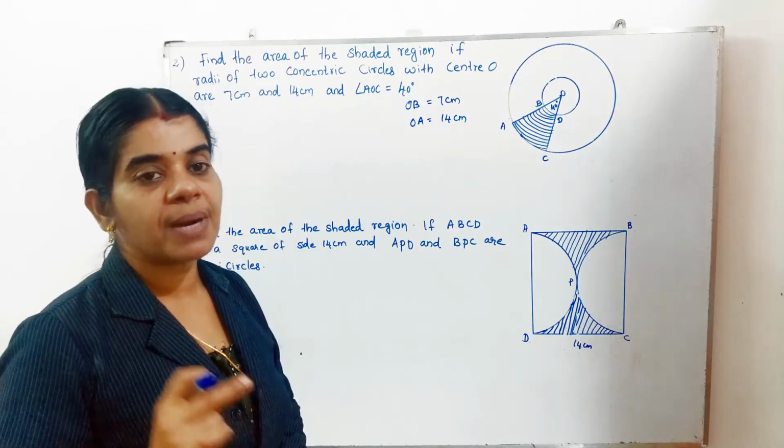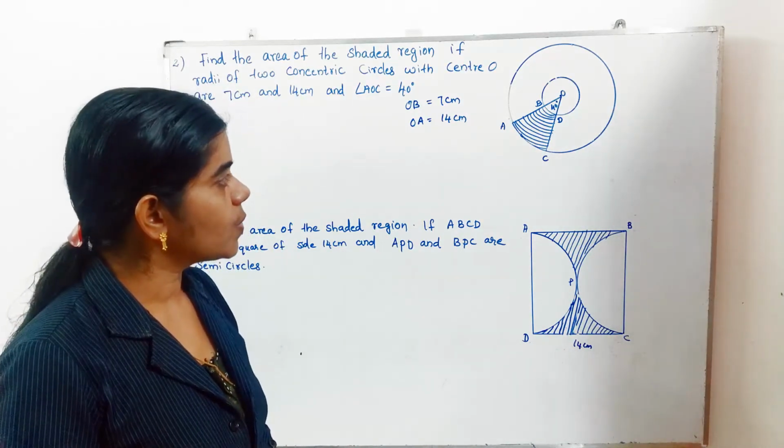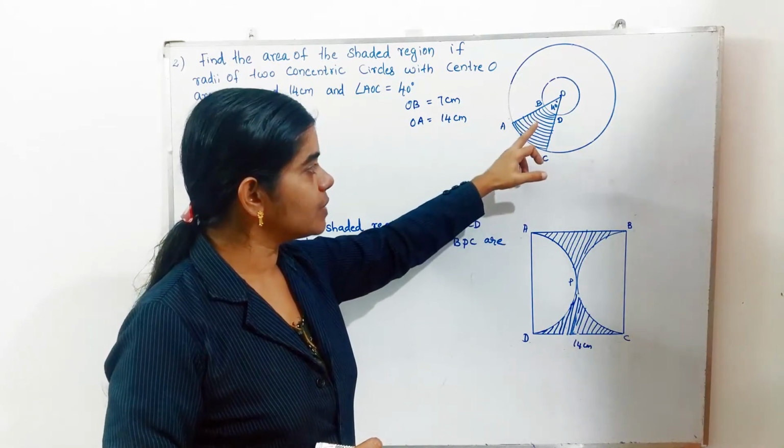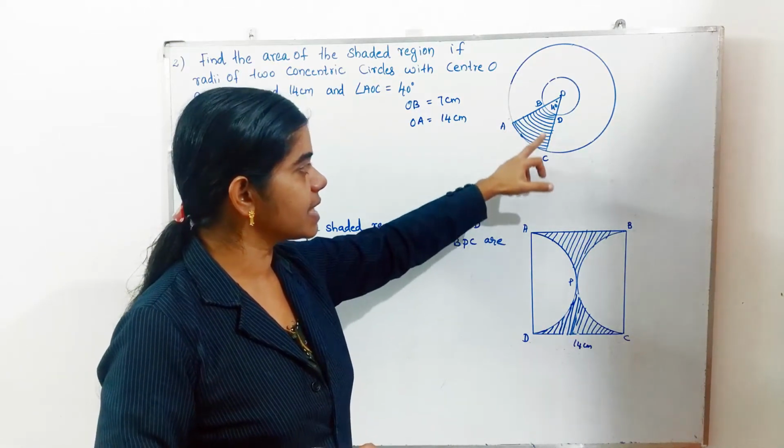Then OAC minus OBD, you will get the area of the shaded region, that is ACBD.